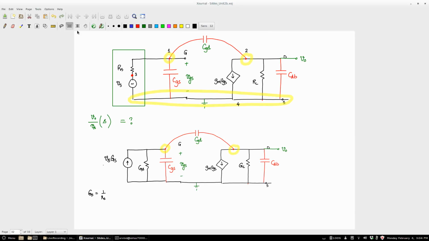Similarly here, this is my GL. All right. So this particular green box becomes that green box.